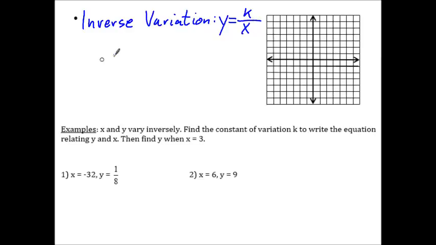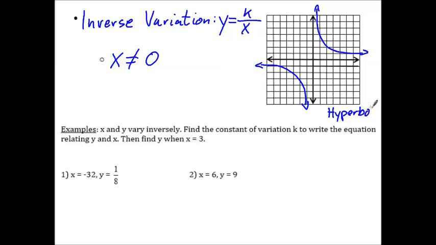The first and most important implication is that x can never be 0, right? Remember, we can never divide by a 0, so x can never be 0. And when we graph an inverse variation equation, we get a curve that looks like this. It is also called a hyperbola.